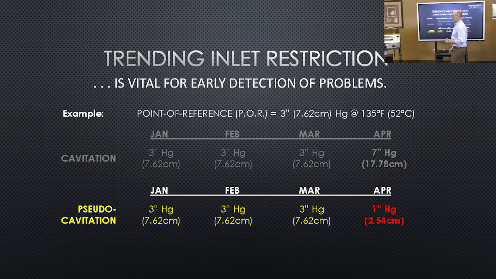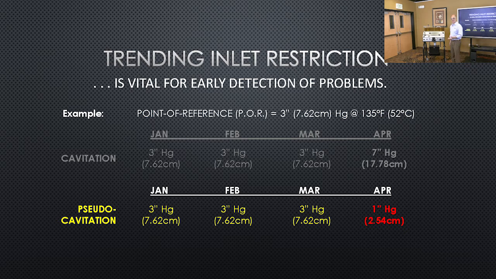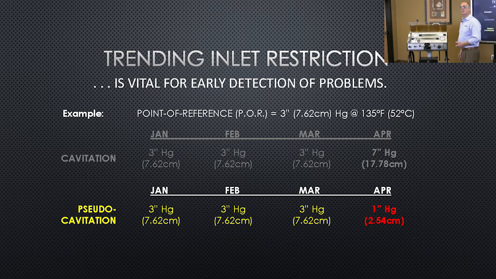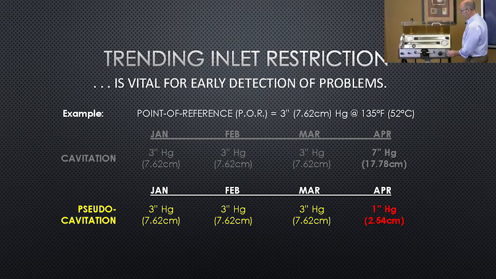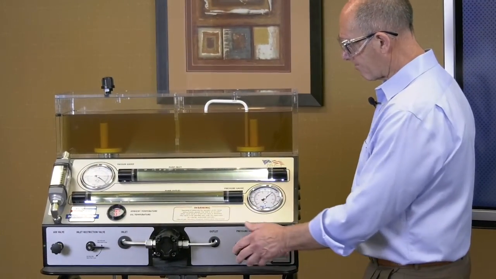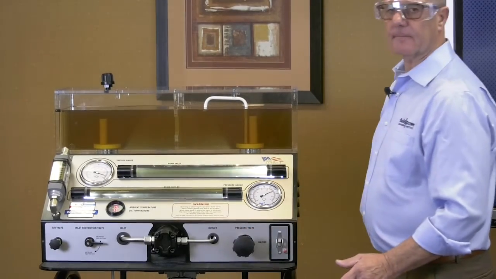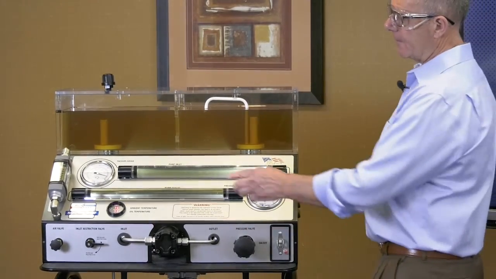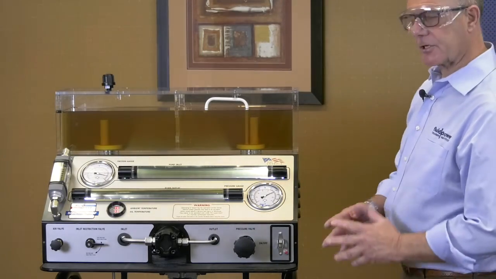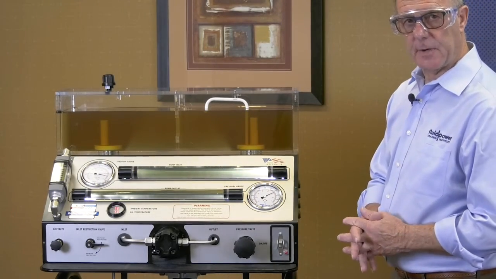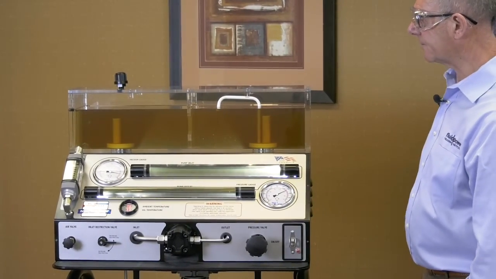So let's go back to the cavitation trainer and demonstrate this phenomenon, which is now called pseudocavitation. We'll start it back up again. Once again, I've confirmed that my pump flow is 1.8 gallons per minute, my inlet restriction is about 5 inches of mercury, and my pressure is 700 pounds per square inch.